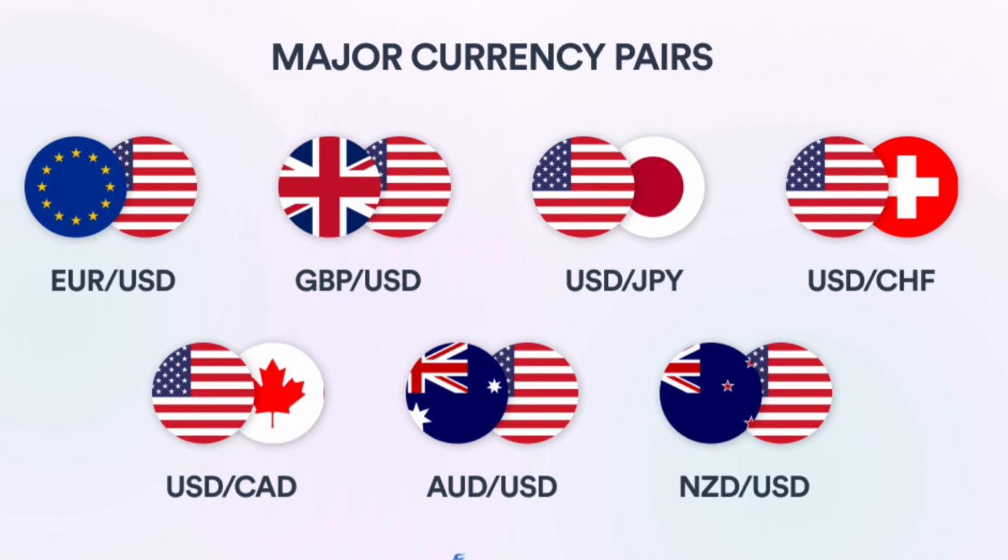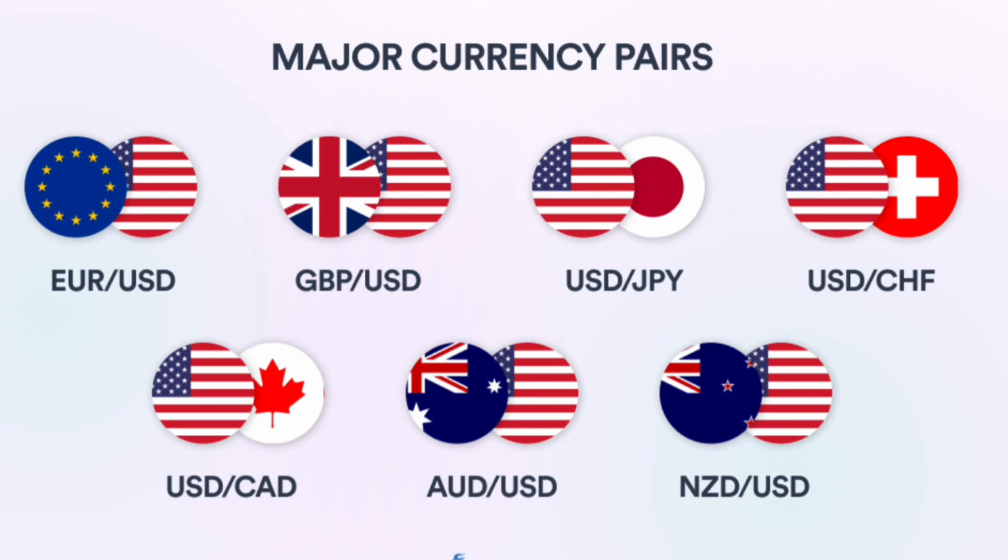So we need to understand that USD, which is the United States dollar, is the world reserve currency, and this is the currency that is used for international trade, and the United States is the world power. So most of these major currency pairs have the United States dollar quoted to it.